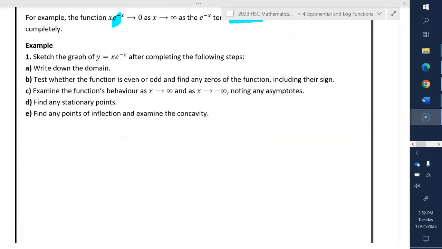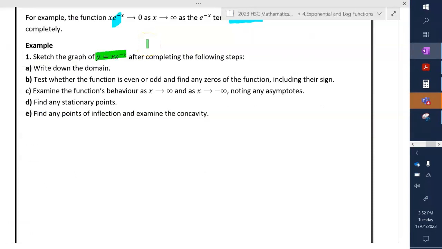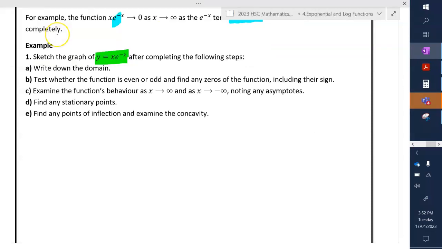Okay, so we're going to remember while we're looking at this graph that our e to the minus x is going to dominate our graph. It's going to take charge, basically. So when we're writing down the domain, it's our x values. What x values can this graph take?